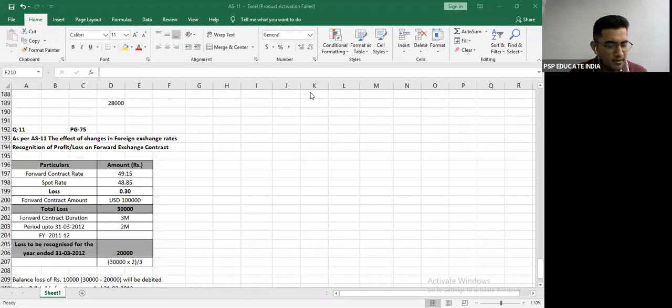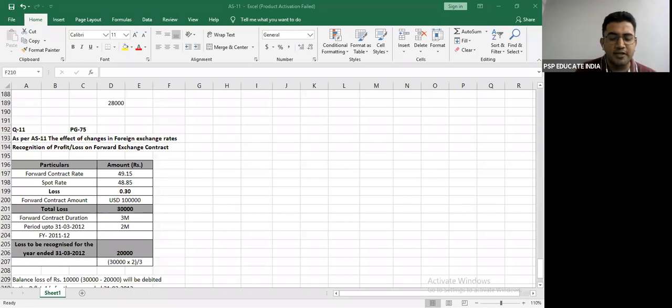Okay. Now, before I go to the next concept, there's a very thin line of difference between the next concept that we are going to do and the concept that we have already done. So, let's first understand what we already did so that we can clearly understand what we are going to do. Now, my question to you is, we did a concept known as forward contract.